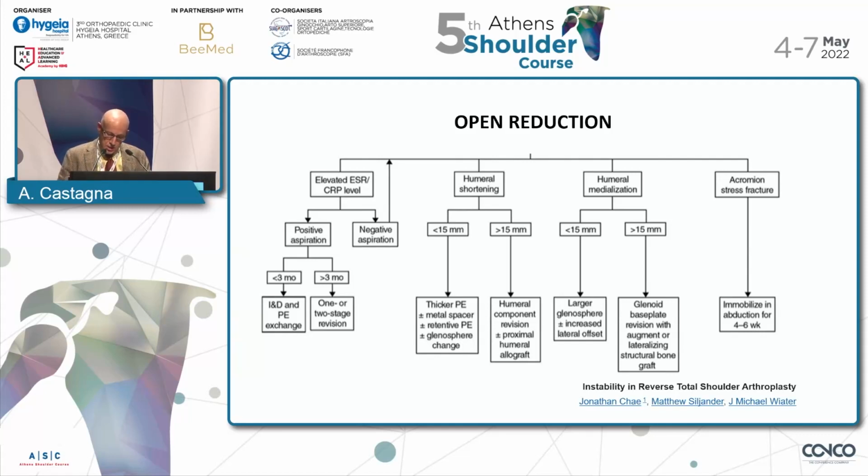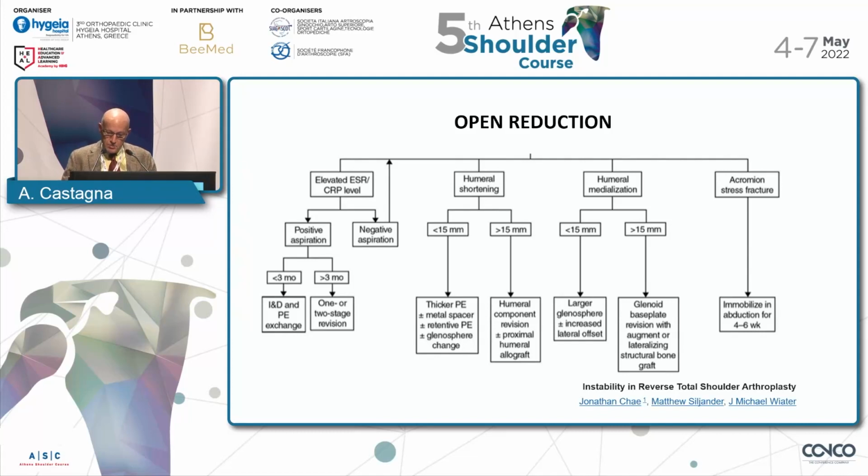Humeral medialization, again, 15 millimeters seems to be the magic number. If you have less than that, a larger glenosphere and increased lateral offset should prevent the recurrence of the instability. If it is more than 15, glenoid baseplate revision with an augment or lateralizing structural bone graft may help.